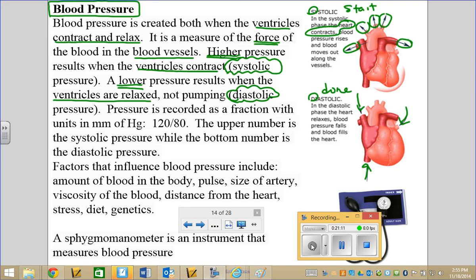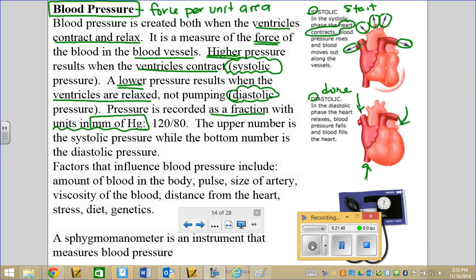When we record pressure, we always record it as a fraction, and the units are called millimeters of Hg, which stands for mercury. Now, if you're taking chem, or you have taken chem, you might know that that is a unit for measuring pressure. Anytime we're measuring pressure, what we're really measuring is force per unit area.